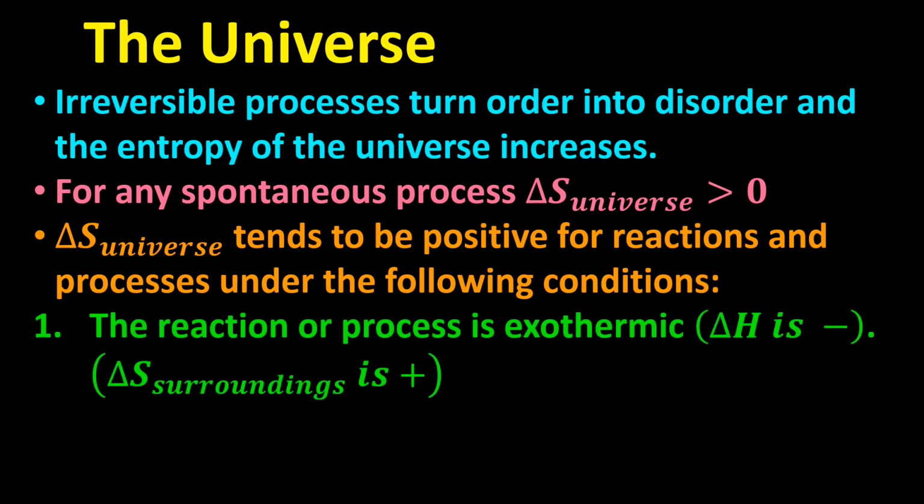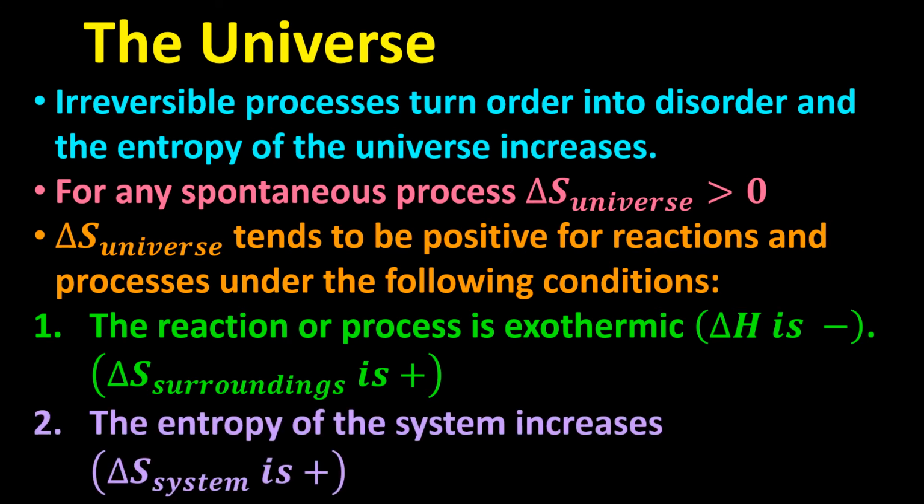The reaction or process is exothermic, delta H is negative, and delta S of the surroundings is positive. And number 2, the entropy of the system increases, so delta S of the system is positive.